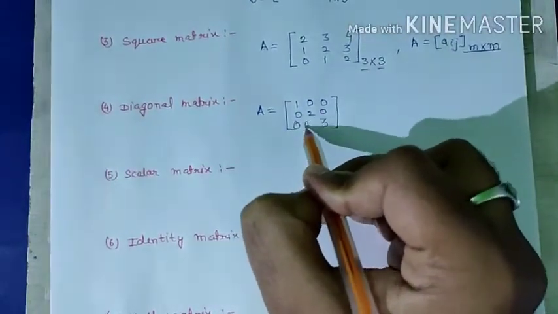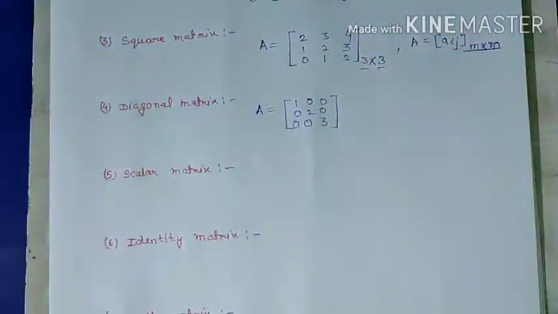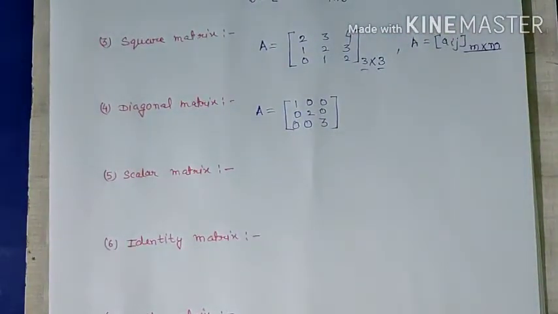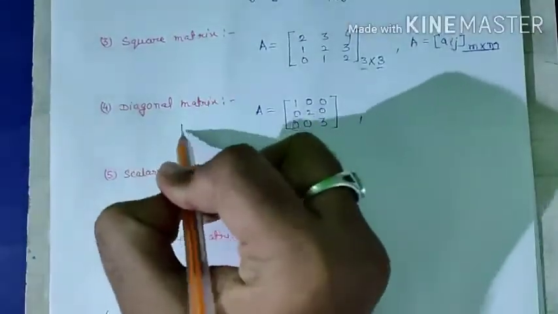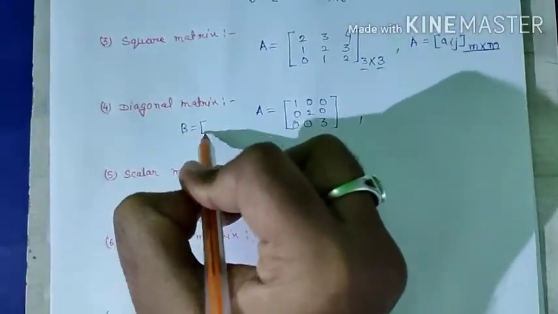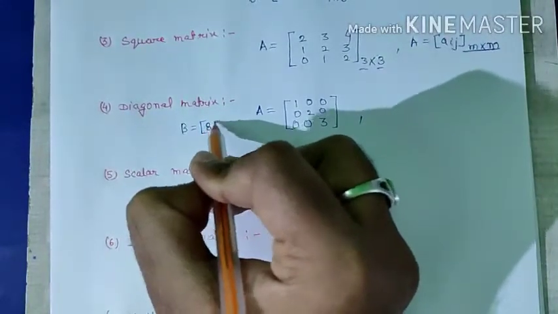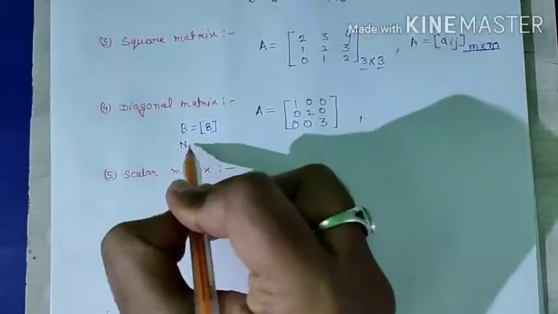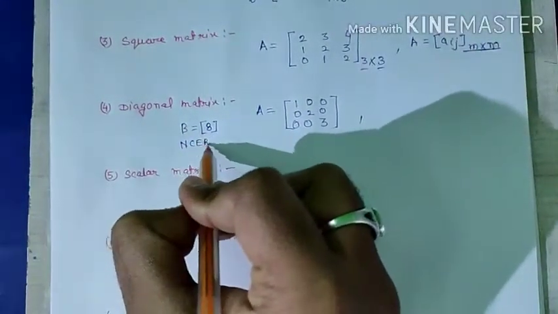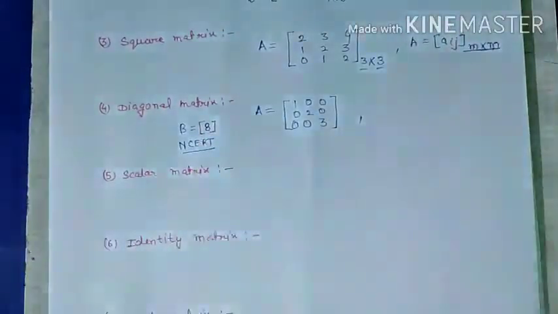We call such a matrix a diagonal matrix. And one more example we can take, B, with only one element. We can say this is a diagonal matrix. It is given in the NCERT as an example of a diagonal matrix.